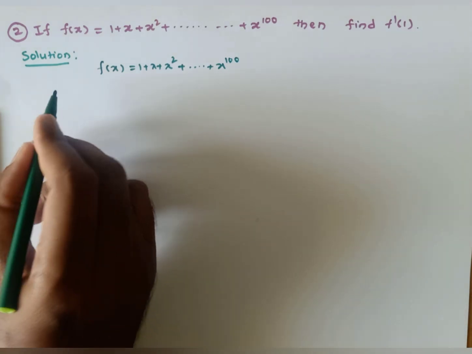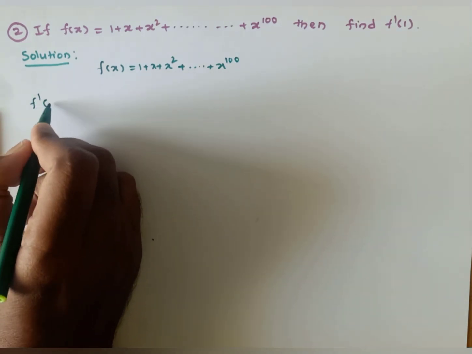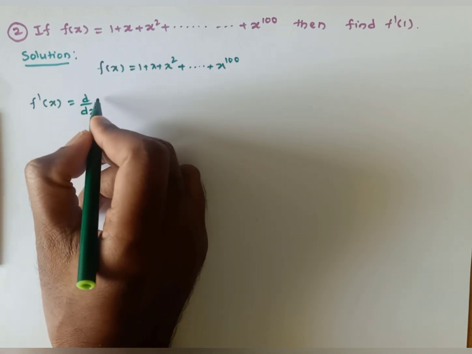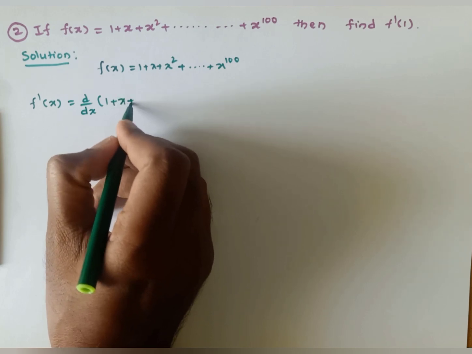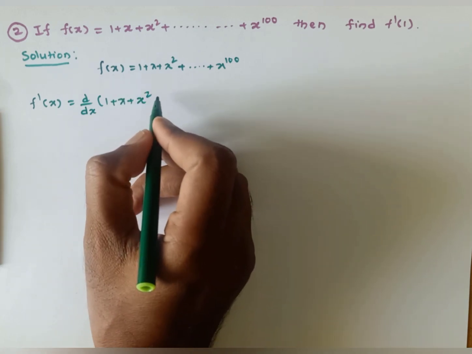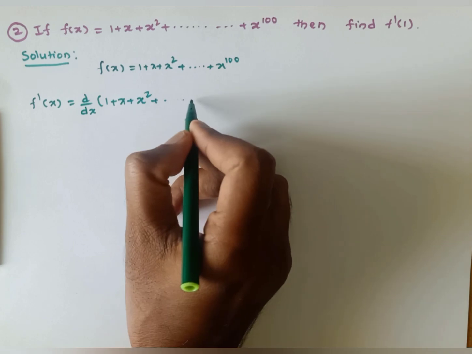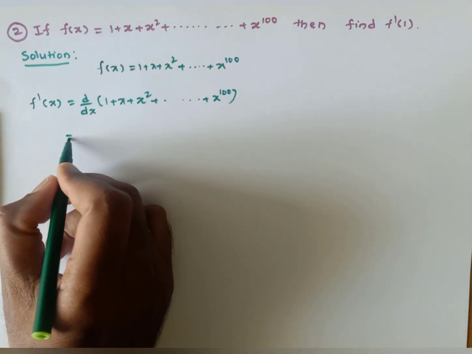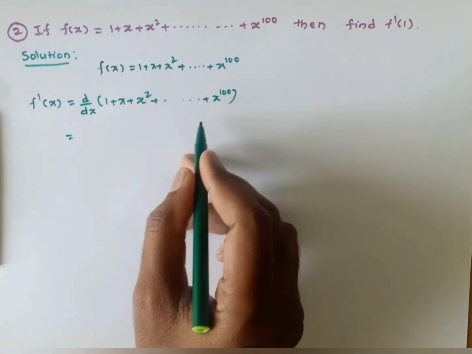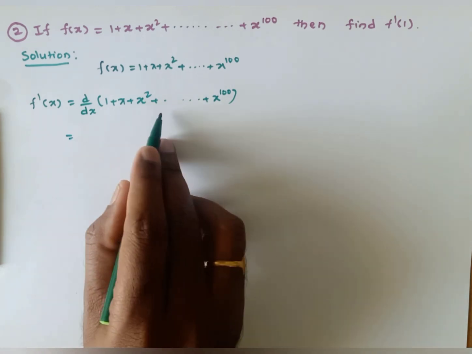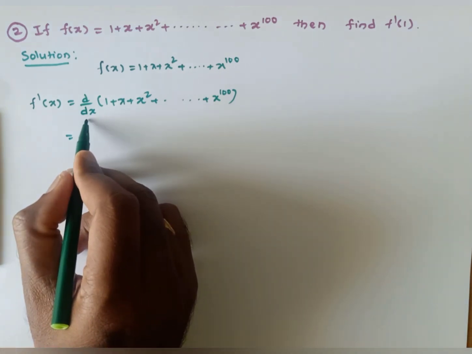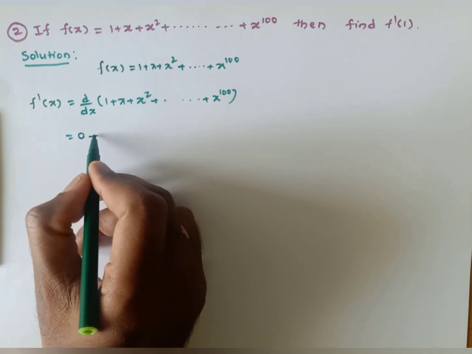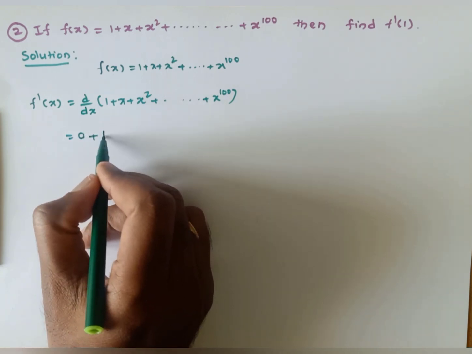Now the given function is f of x, which is 1 plus x plus x square plus x cube and so on up to x to the power of 100. Apply the differentiation on both sides, so f dash of x equals d by dx of 1 plus x plus x square plus x cube and so on up to x to the power of 100, right? There are 100 functions here, so we need to apply the derivative to each individually. d by dx of 1 is 0, a constant. d by dx of x is 1.